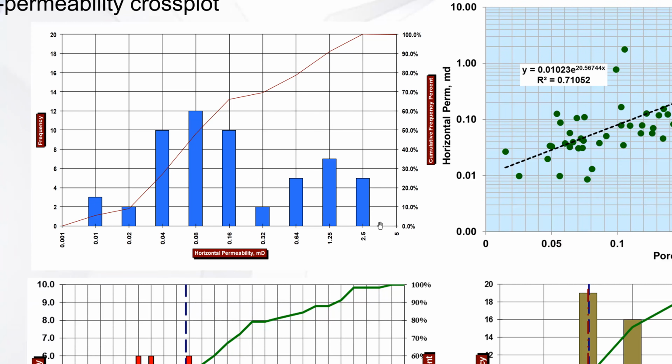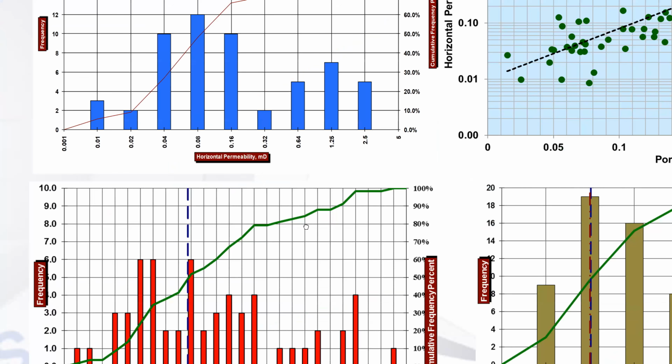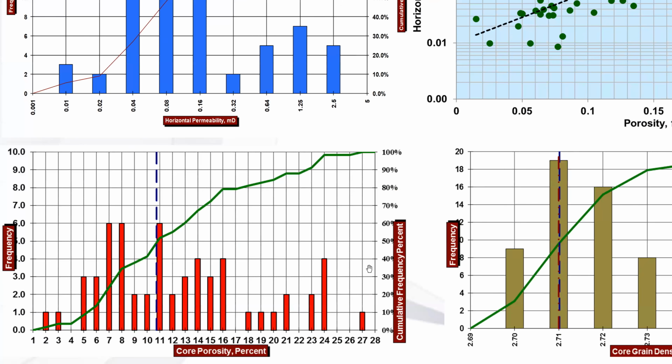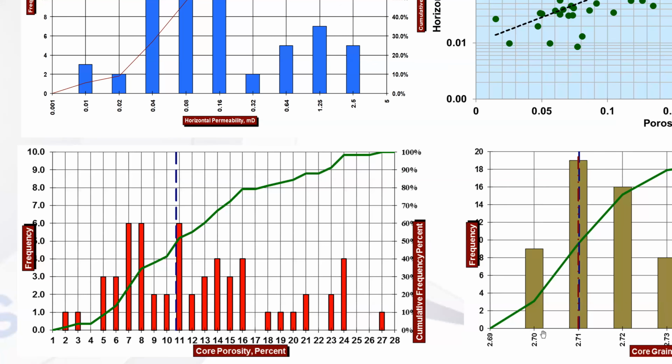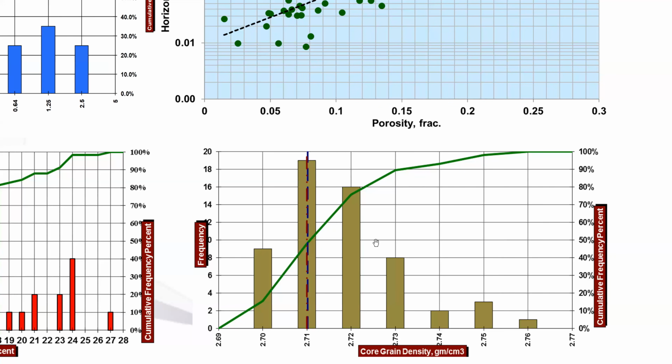Maximum permeability is almost 3 millidarcy, but we have porosity up to 28%. The grain density ranges from almost 2.7 up to 2.76 gram per cc, and the mean core grain density is 2.71, which is the grain density of limestone.